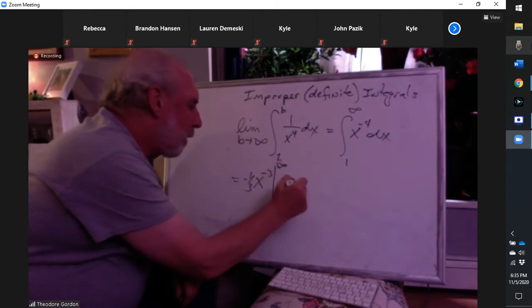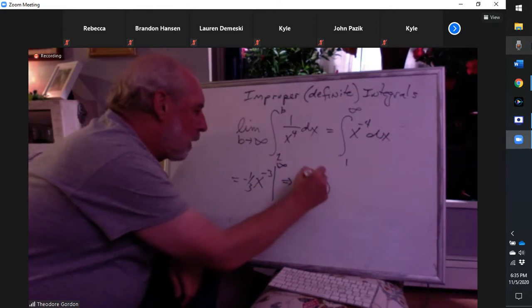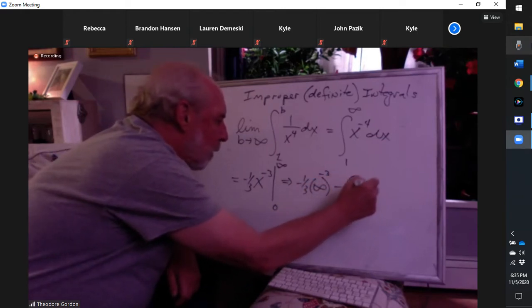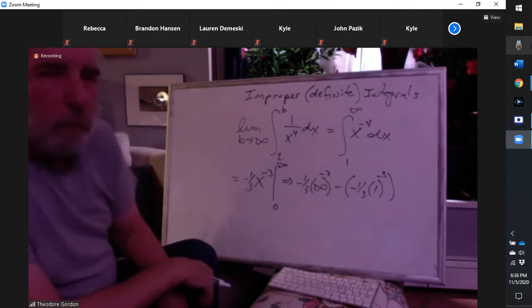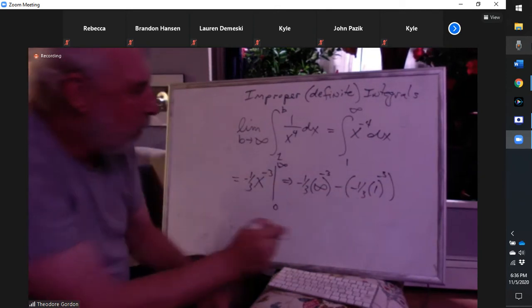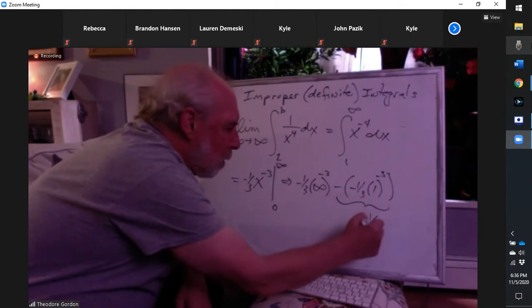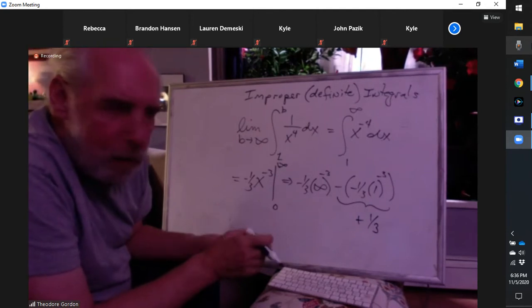So this gives us -1/3 infinity to the -3rd power minus -1/3 1 to the -3 power. So over here, this part just becomes +1/3. That's a constant, no big deal.